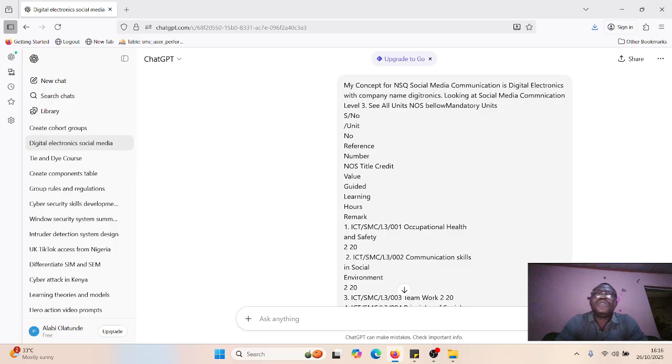If you are into fashion and design, you are already a tailor and you have sold products, indicate there that your company name is Stitches Correct. That is your company name, and you can show a buyer shirt and trouser, this and that. I want to use this concept for my NSQ, so it will align the NOS, so that you know what you need to do from beginning to end.